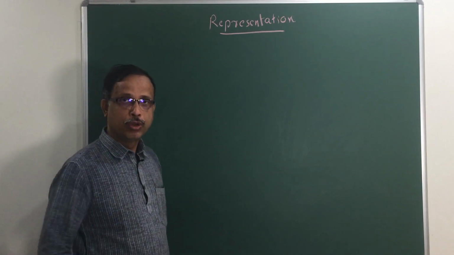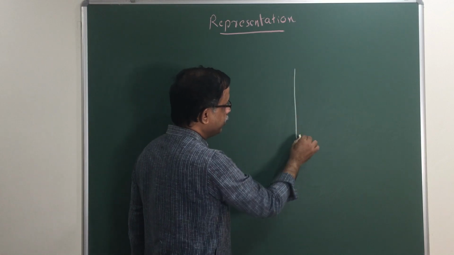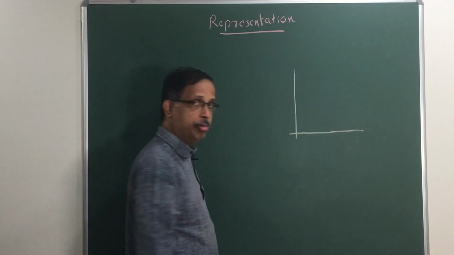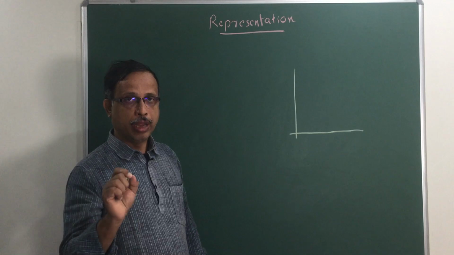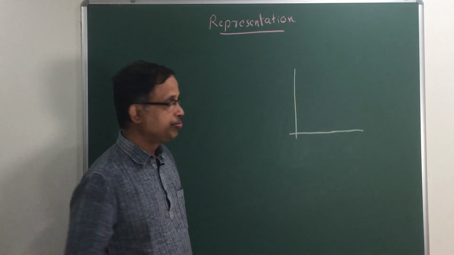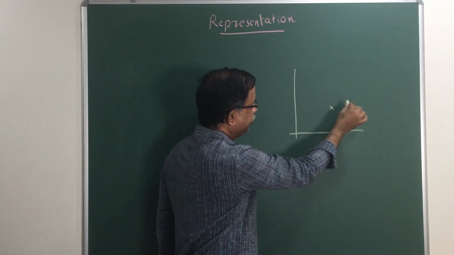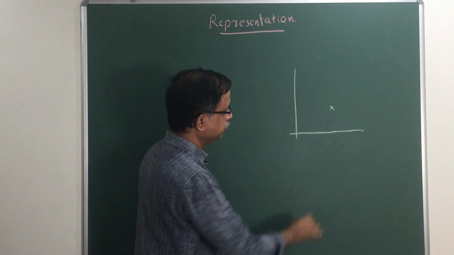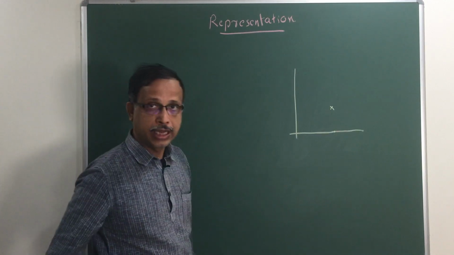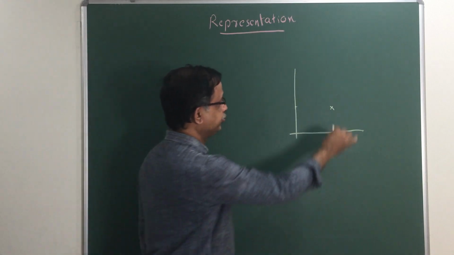Let us have a closer look at representations. Consider a sample representing two dimensions, the first dimension and second dimension. Let us say the sample is 2, 1: 2 units on the first axis and 1 unit on the second axis.